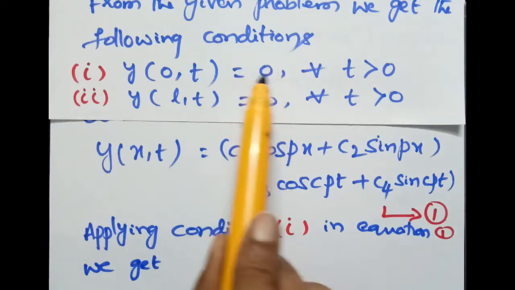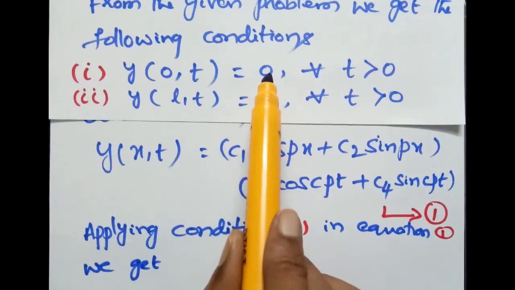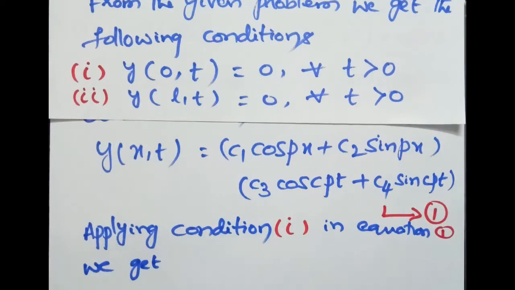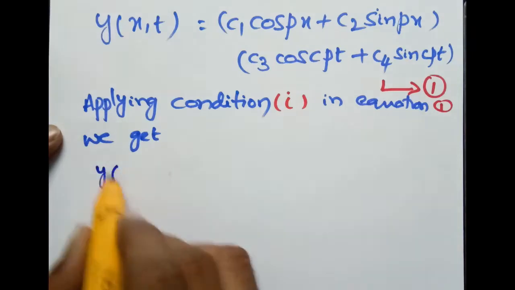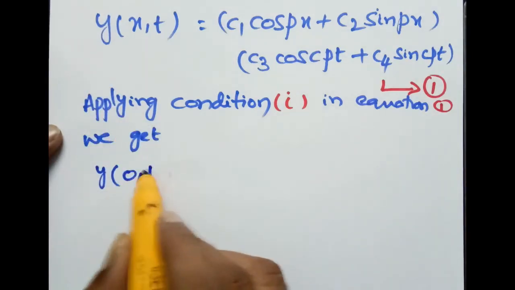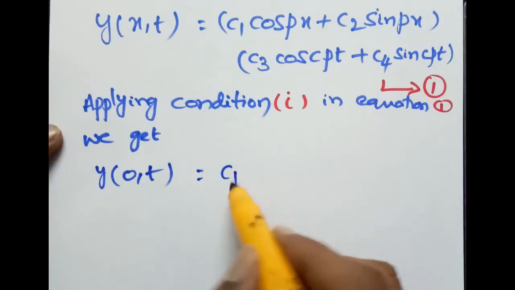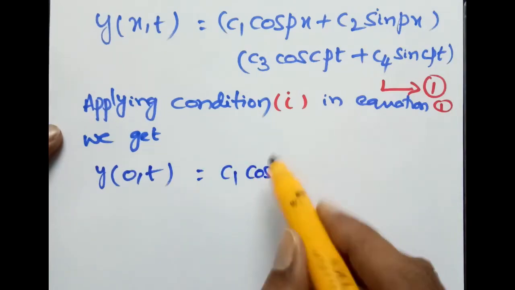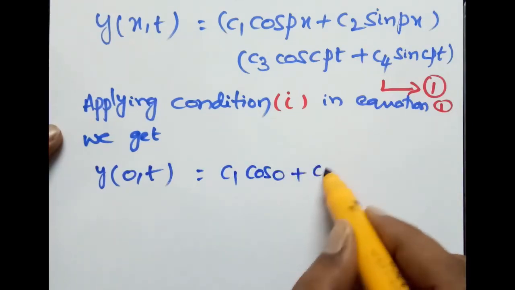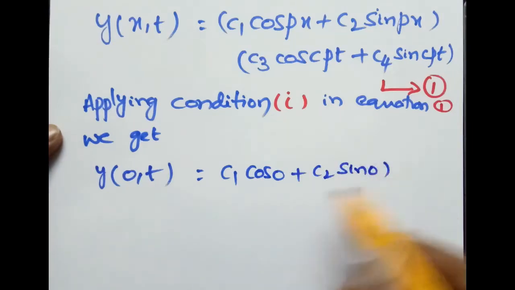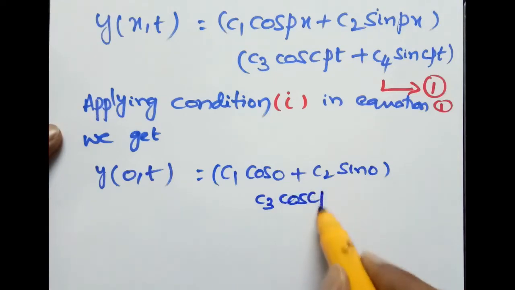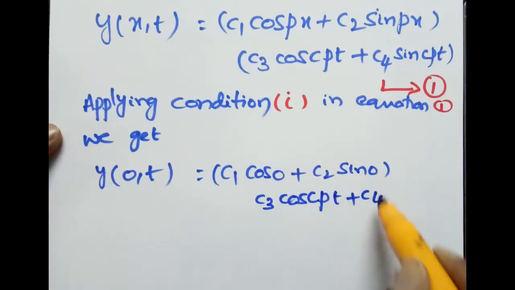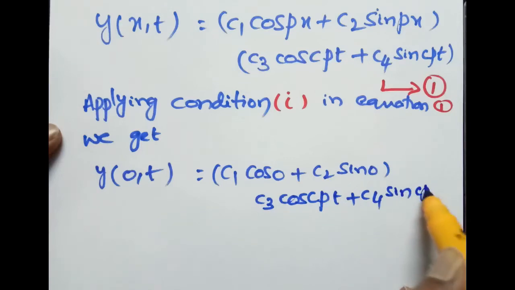And then substitute y of 0 comma t equal to 0. So y of 0 comma t equal to C1 cos 0 plus C2 sin 0 into C3 cos cpt plus C4 sin cpt.